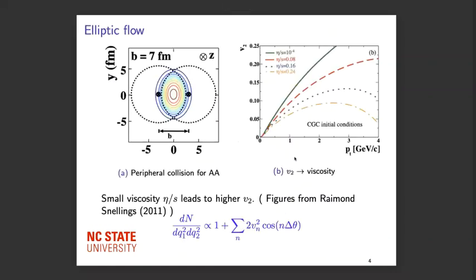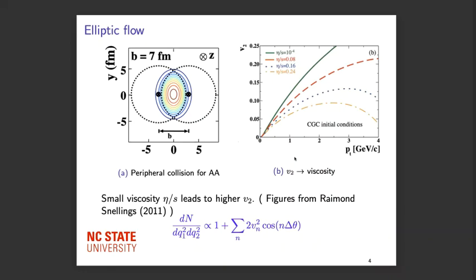All right. So let me give a simple introduction to the v2, which has been discussed by many speakers. In the heavy ion collision, it's highly likely that the collision is not head-on.